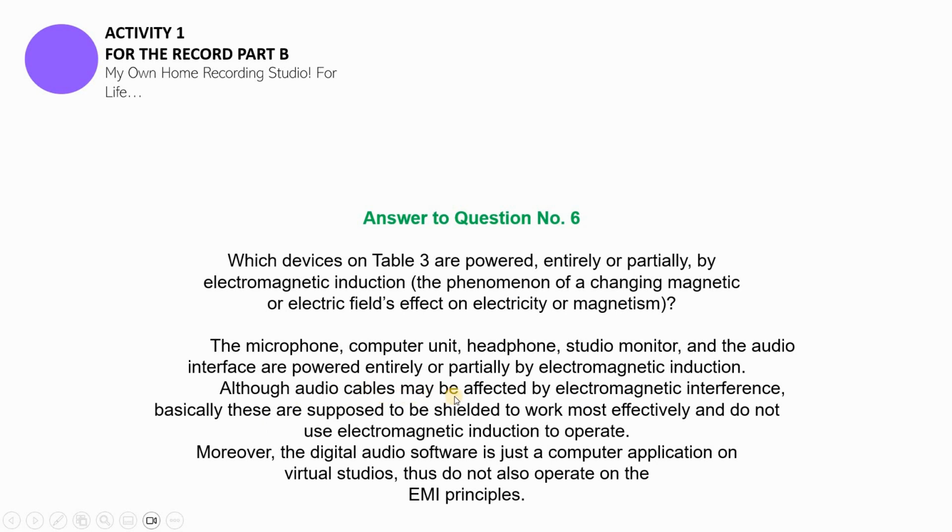Although audio cables may be affected by the electromagnetic interference, basically, these are supposed to be shielded to work most effectively and do not use electromagnetic induction to operate. So they're not really requiring electromagnetic induction to operate. But they could be affected by the electromagnetic interference. There's a difference.